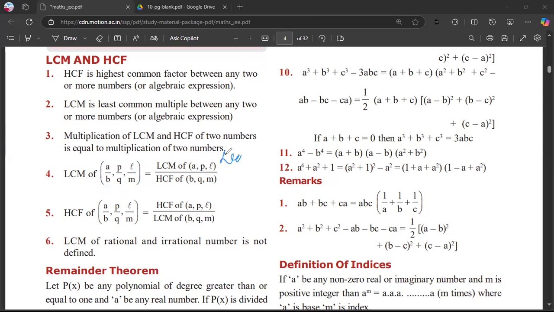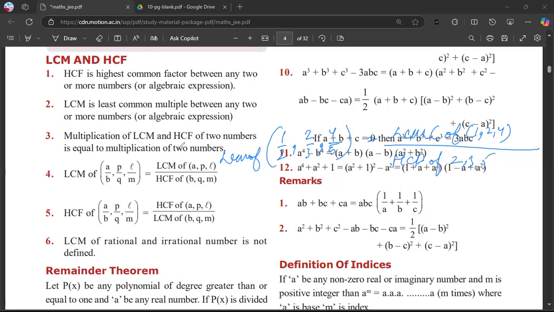To find the LCM of 1 by 2, 2 by 3, and 4 by 5, we'll take the LCM of 1, 2, and 4, and divide it by the HCF of 2, 3, and 5. So this is one example of it. Understood? This is important.